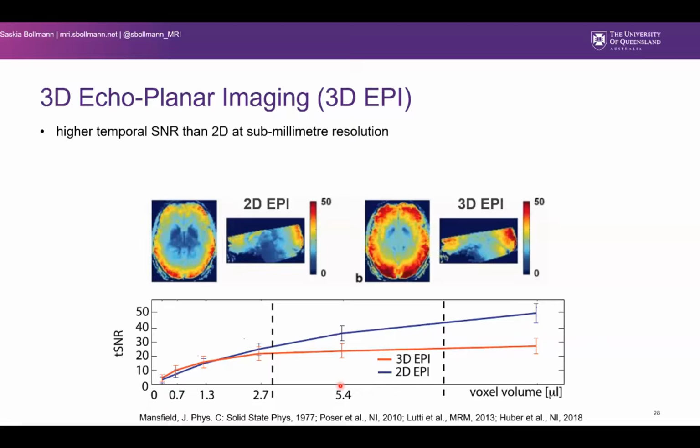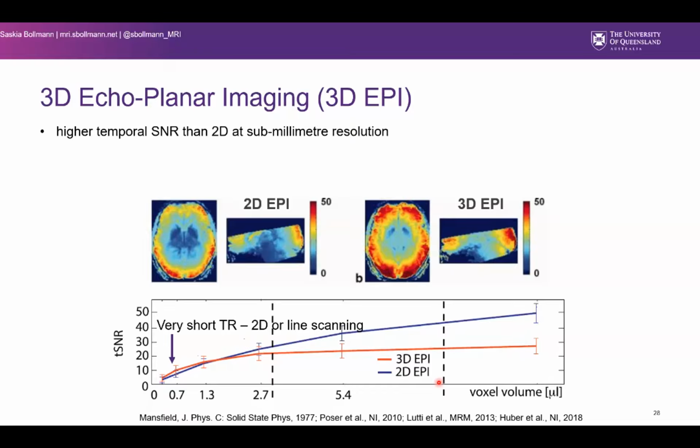So if you do your standard experiments, there's no need to panic and say, oh my God, I have to do 3D EPI now, 2D EPI is totally fine. But for me, the cutoff is around 1 millimeter. That's where I can probably still do both, but below that, it's really advantageous to do a 3D EPI acquisition.